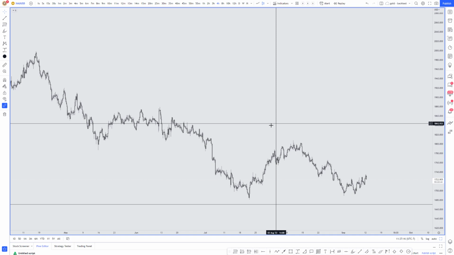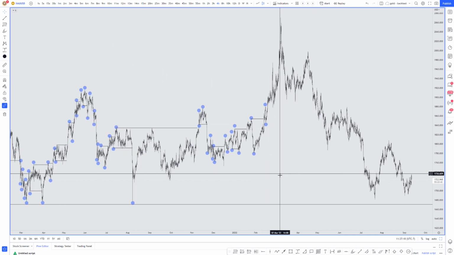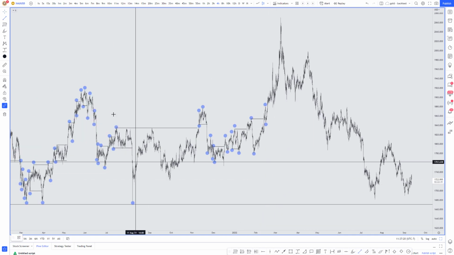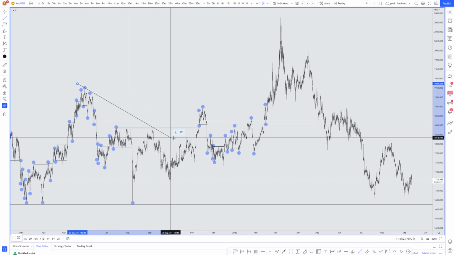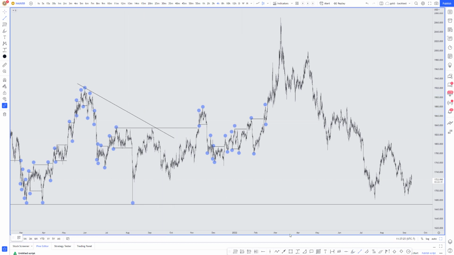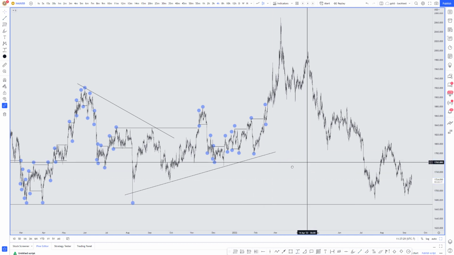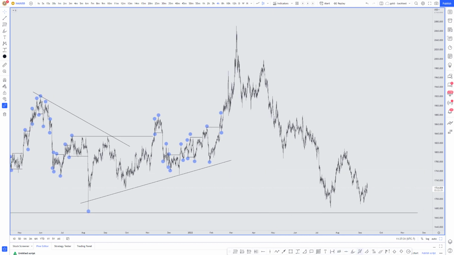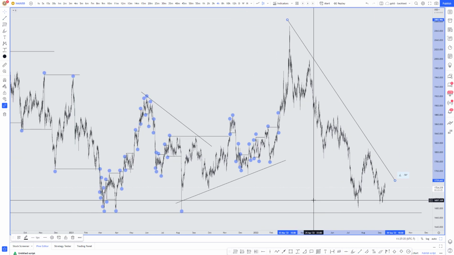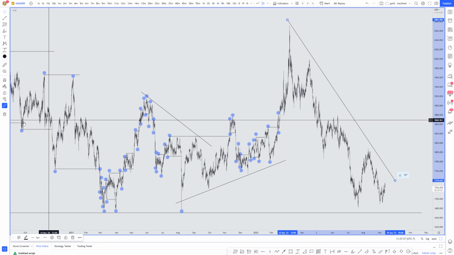If you're ever confused and unsure, squish your chart together and just put a line on stuff. You don't need to trade trend lines, but you can see what direction the lines are going. And it's a pretty good guideline of what the market's doing.